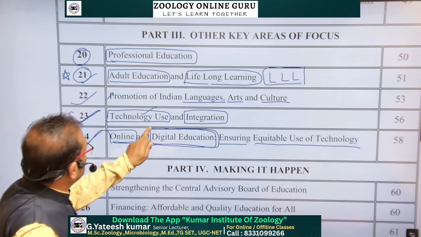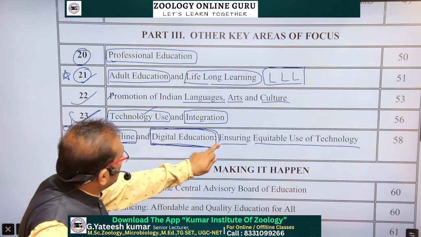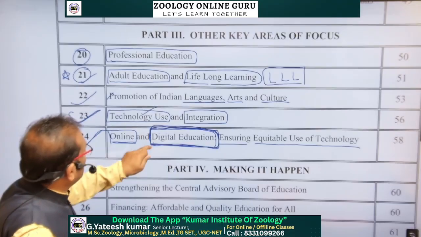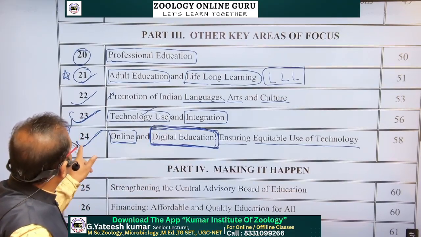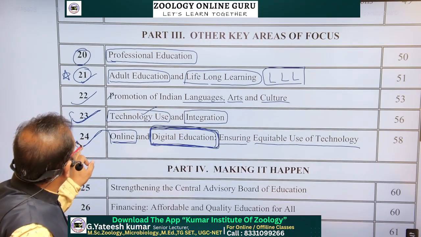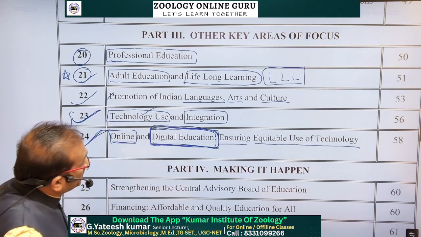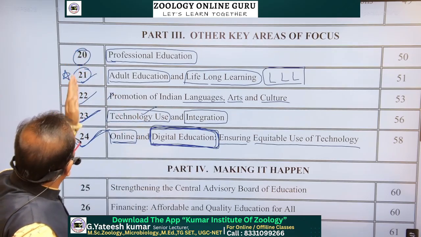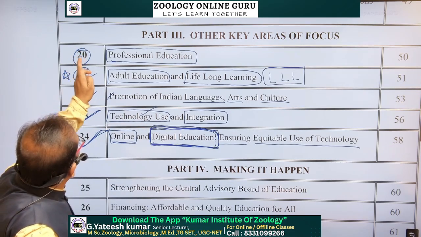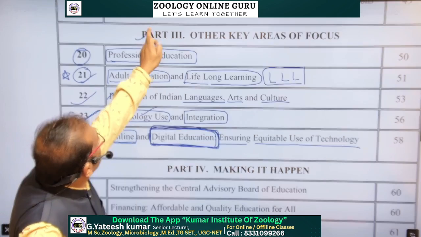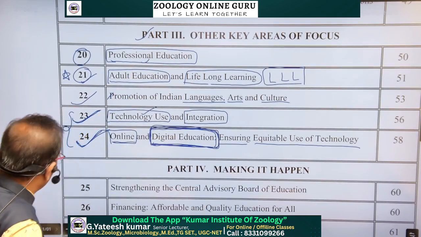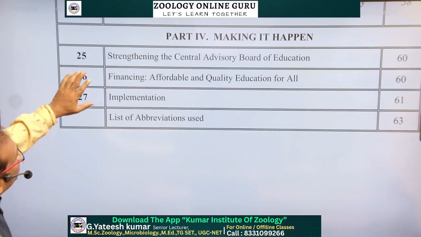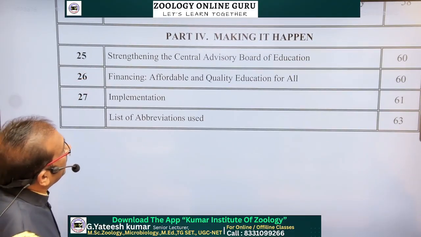Digital education is also present in the syllabus for teaching and non-teaching posts. That is present in NEP 2020 chapter 24. This is most important. Which chapter number deals with what, and in which part, is also important.